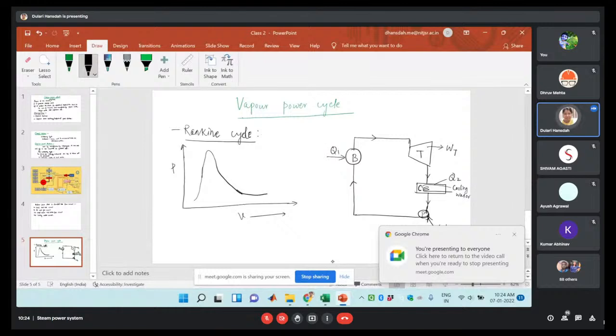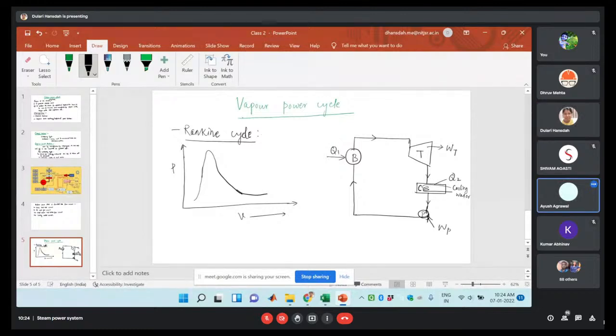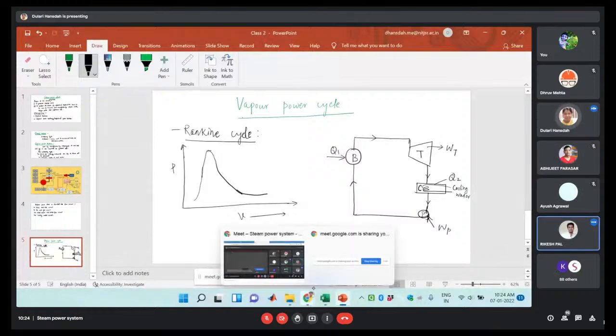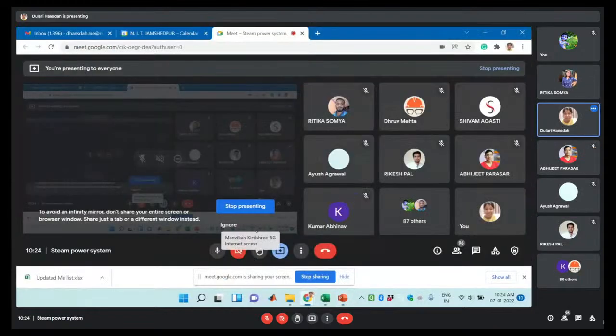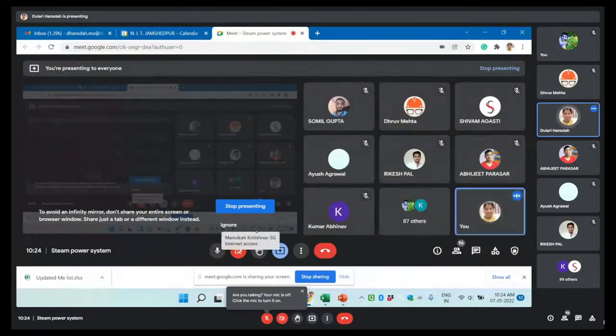So what is this? Please tell me. This one is known as? Not the saturated liquid line, this portion. This shape is known as? Dome shape, yes, but what is its name? I will evaluate every day.